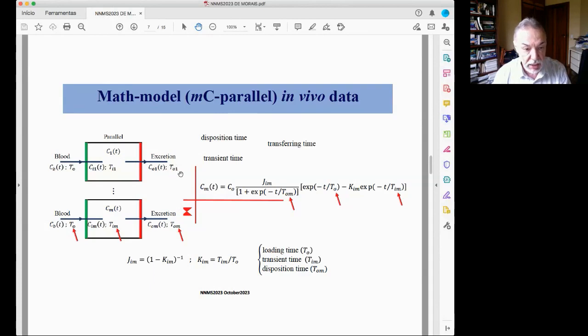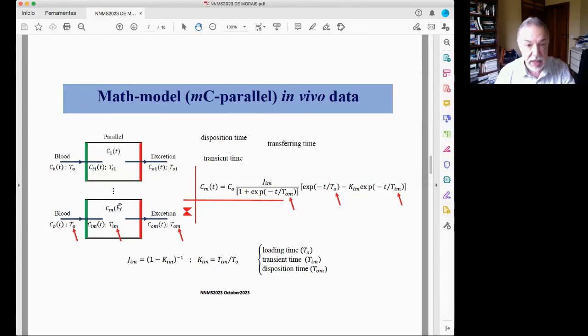And the disposition time is the third very important parameter you can extract from this math model in the scenario of parallel transferring, where we transfer materials from the blood circulation to different organs.